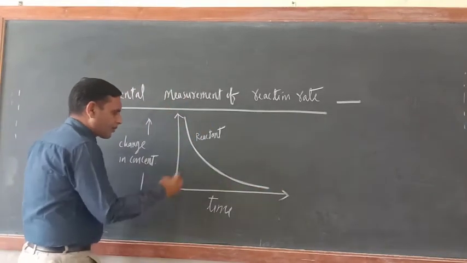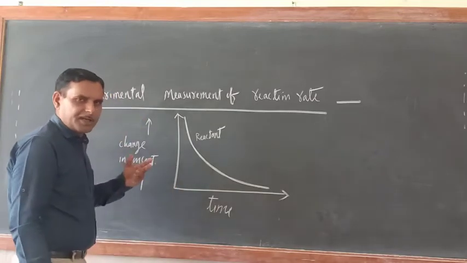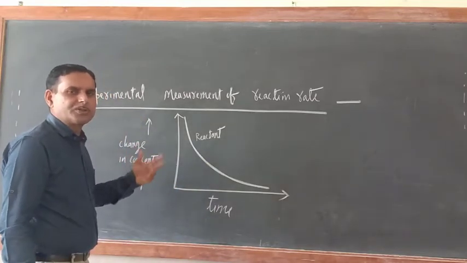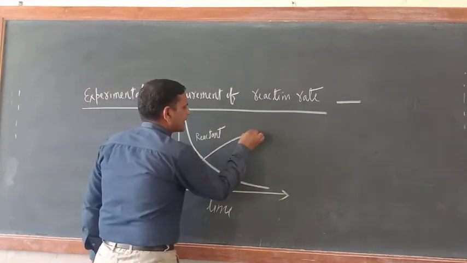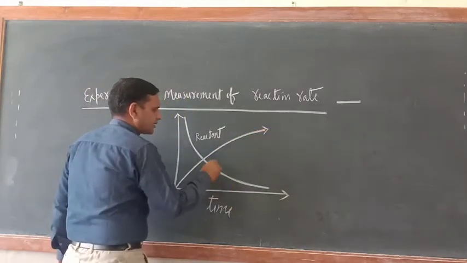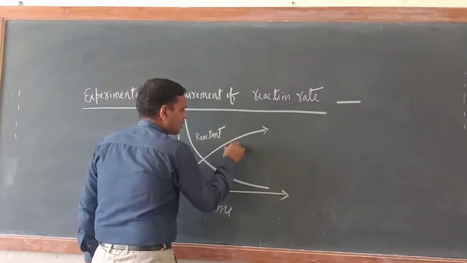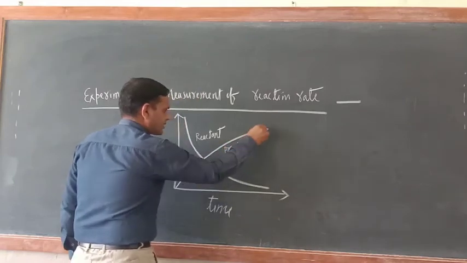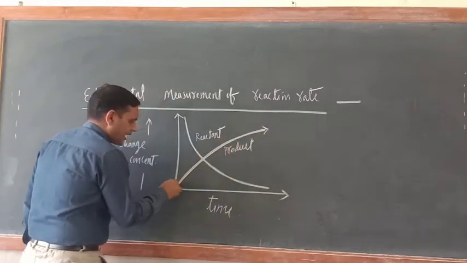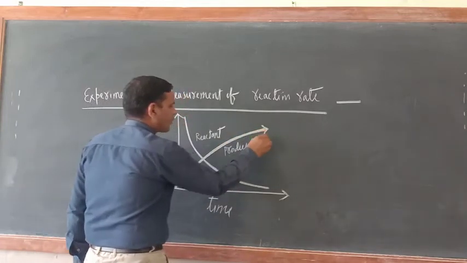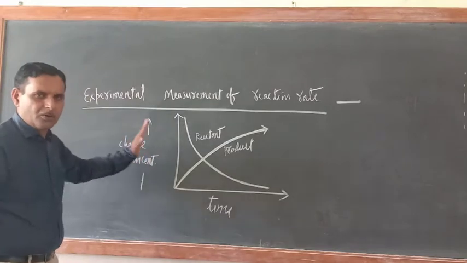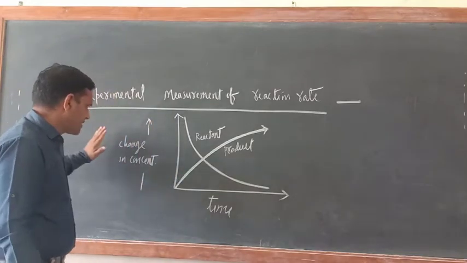Now what about product? At the beginning the concentration of product is almost 0, but over a period of time this concentration increases. This is the product graph. As the time passes, the concentration of product increases. I hope you have got this graph properly.